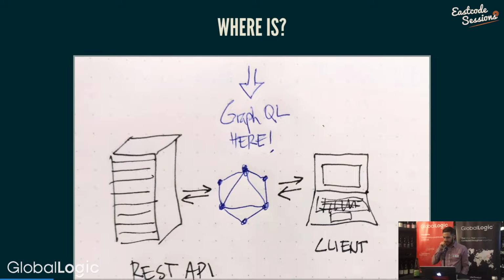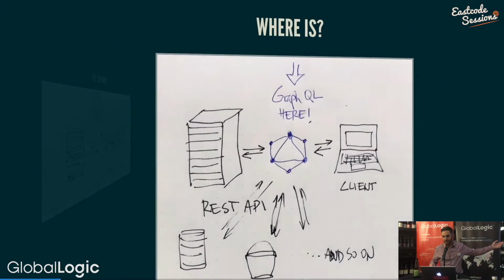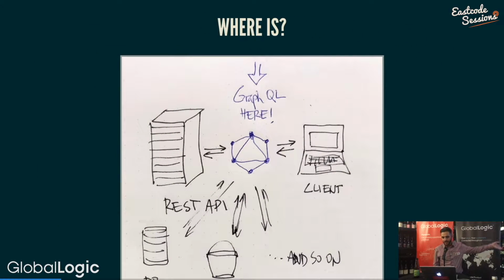Now, where is GraphQL? You can see that this is where the years of university education paid off very well. It lives between your client and your REST API, or maybe even better, between your client and your bunch of other APIs or database or S3 bucket. Can you tell that's a bucket? And so on.